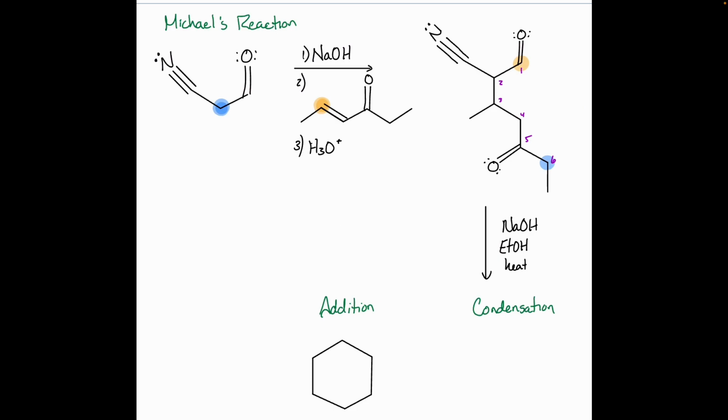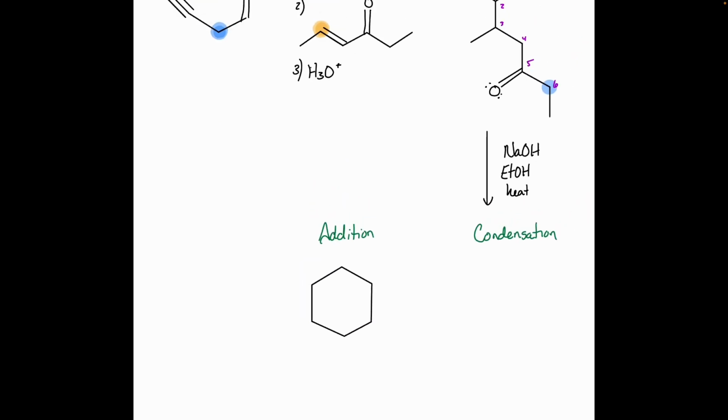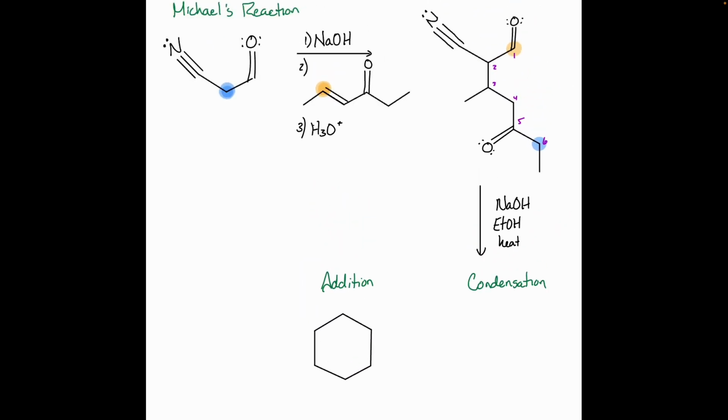That's true. But for these Robinson annulations, because the carbonyl groups are always 5 carbons apart, the only option is a 6-membered ring. That will always be the case for a Robinson annulation, because it's preceded by that Michael reaction. All right, so then I'm going to just keep my 1, 2, 3, 4, 5, 6, and I'm going to keep my numbering the same here.